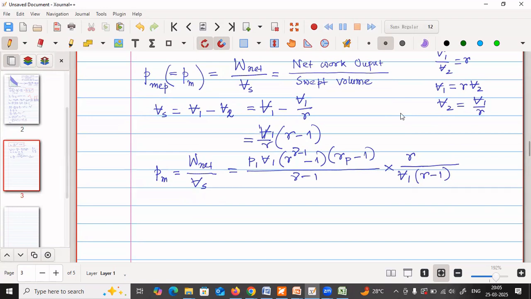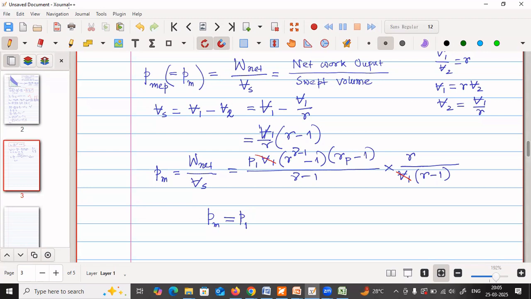Okay. So therefore, this V1 will cancel here and here. And therefore this quantity, the mean effective pressure, is equal to P1. Let me write it in a different way so that it will be easy for you to understand.